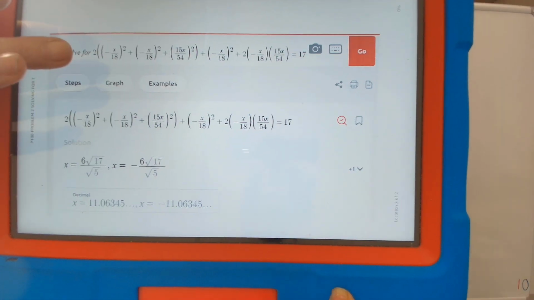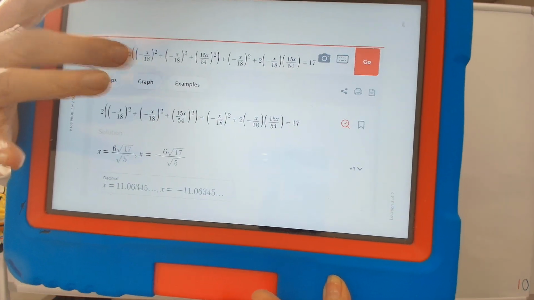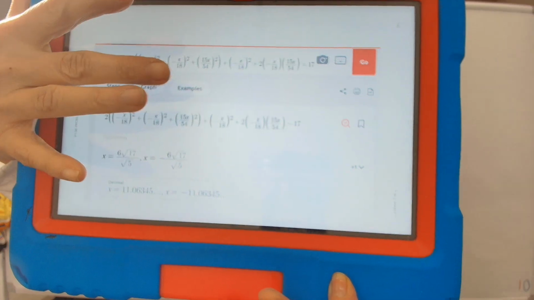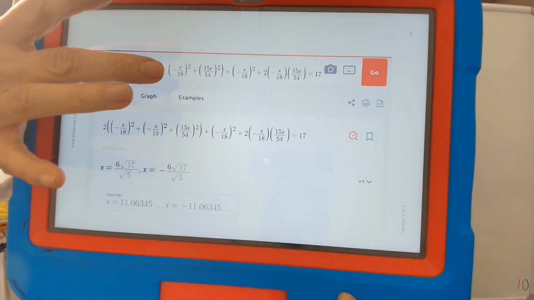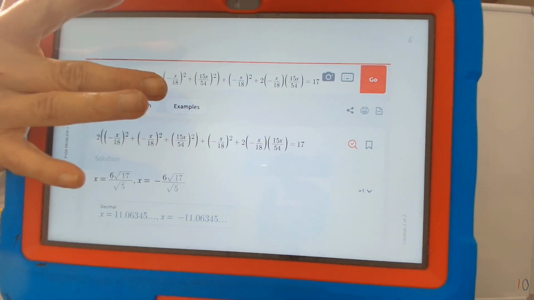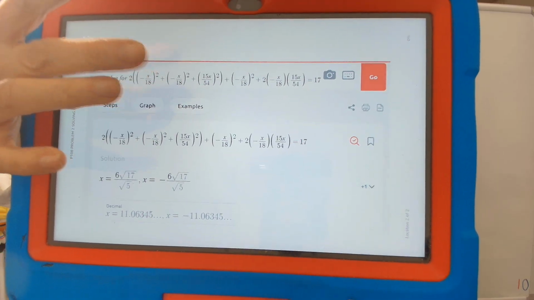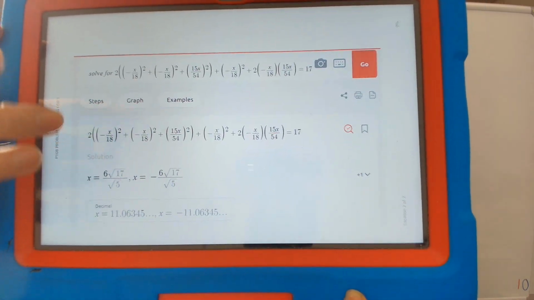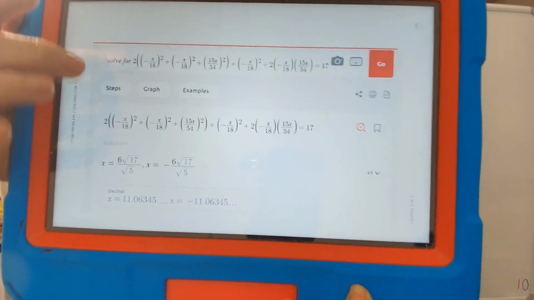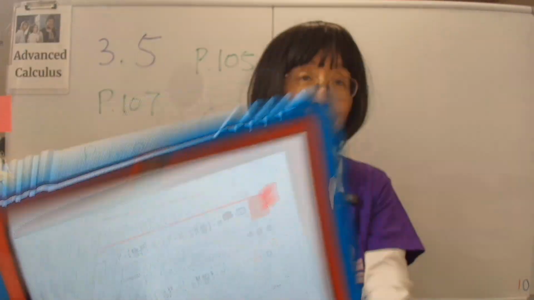So x1 is b over 18, x2 is negative b over 18, and x3 was 15b over 54. Once I plugged all that in and clicked solve, it showed me x equal to 11 point something, but I ignored it.